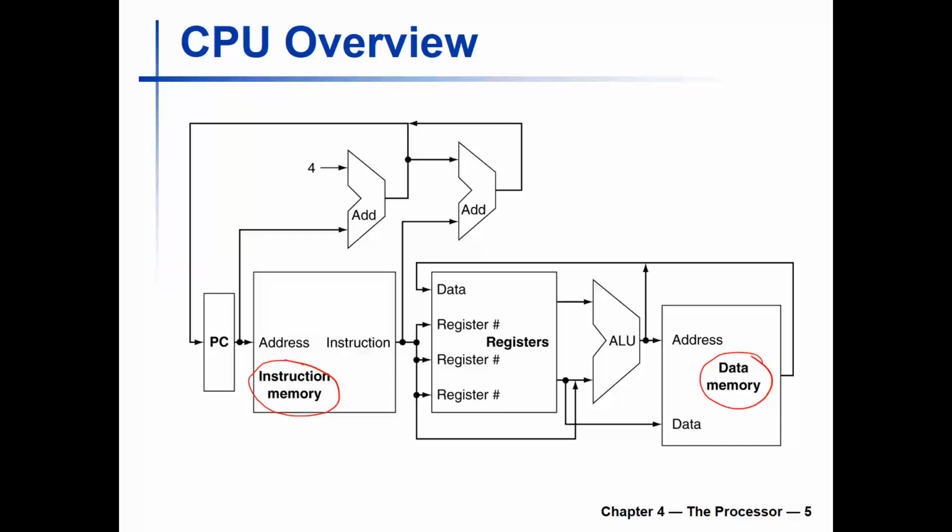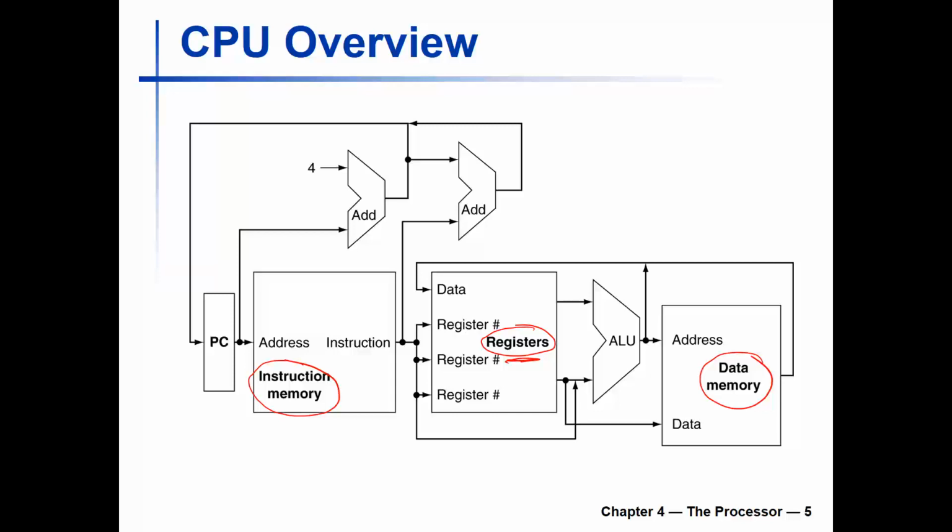Then the other component that we will use is the register file. Those registers that we talked about in chapter 2, S1, T0, RA, all these registers are housed in the register file.